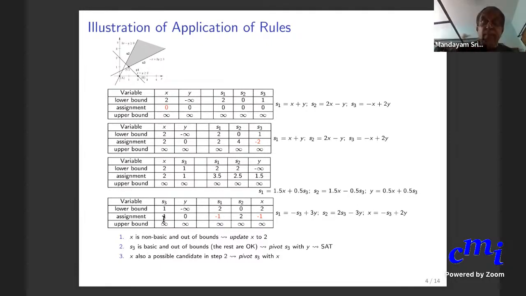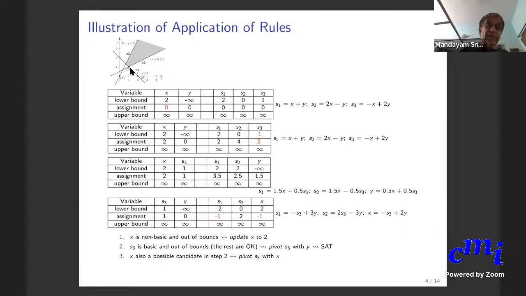That is a very important observation about the precondition for pivoting, and that's why you'll never be able to keep flipping back and forth. That is important for termination.